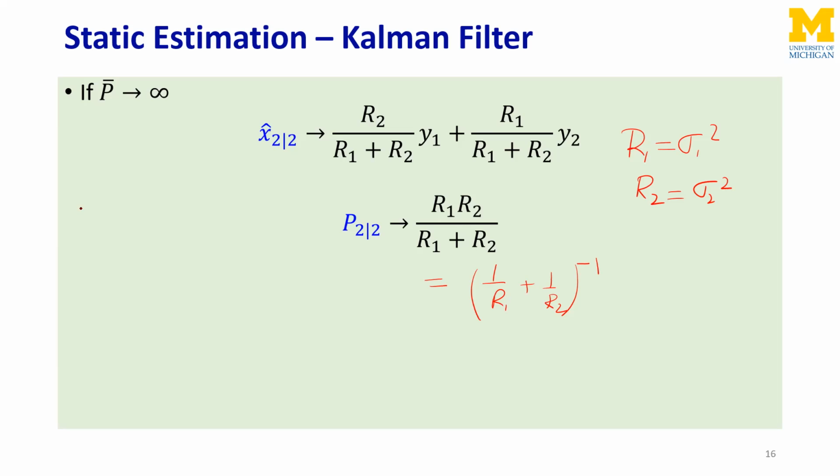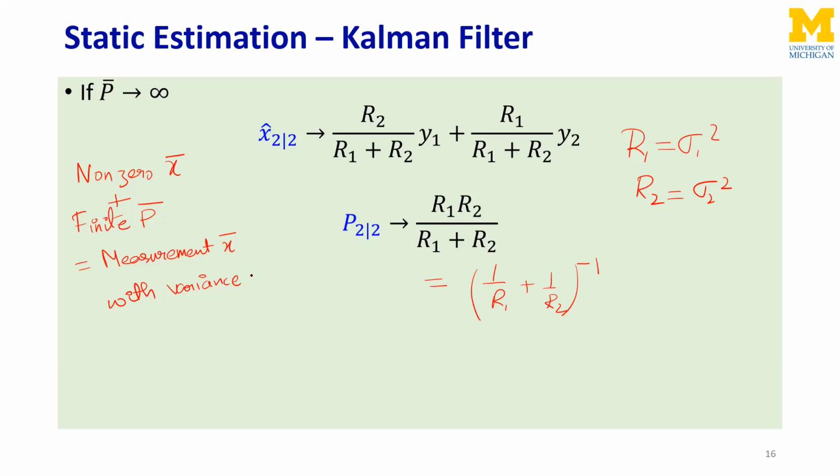If I have a non-zero x bar and a finite p bar, it's like having another measurement, measurement x bar with variance p bar.